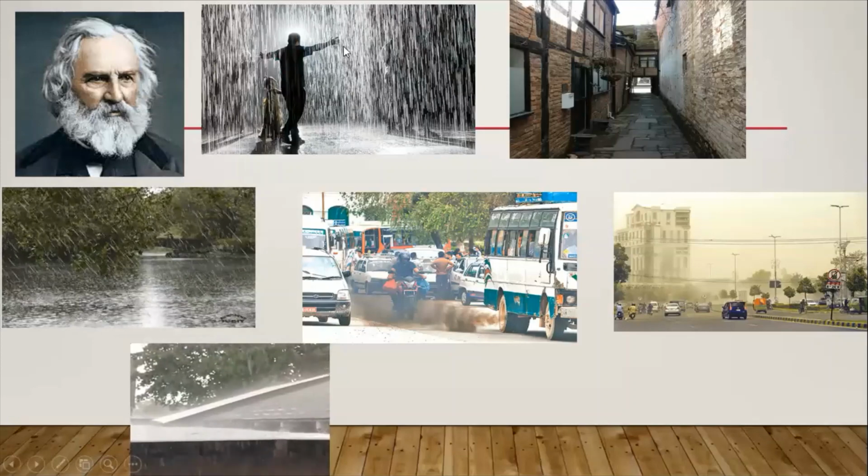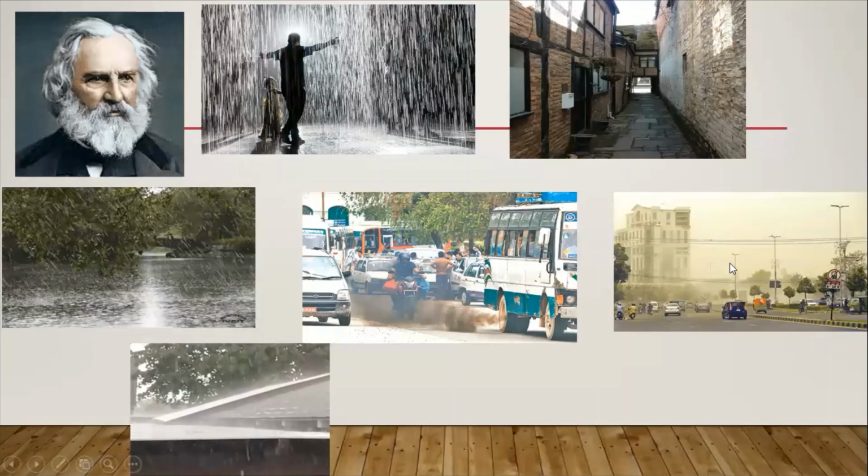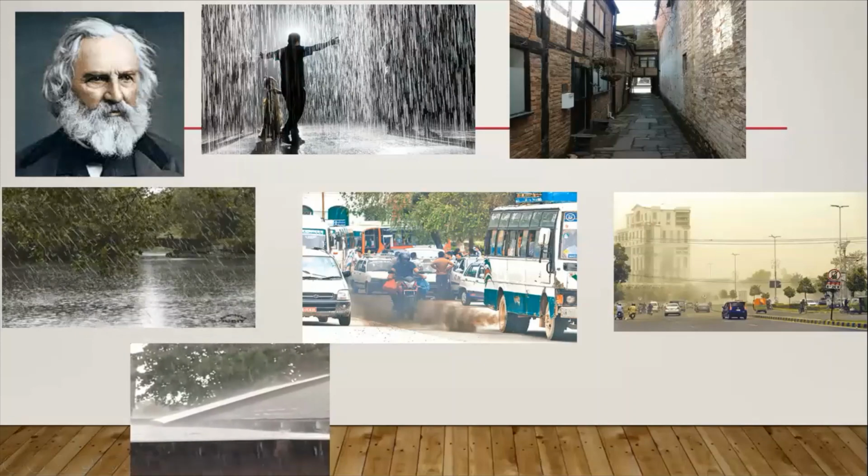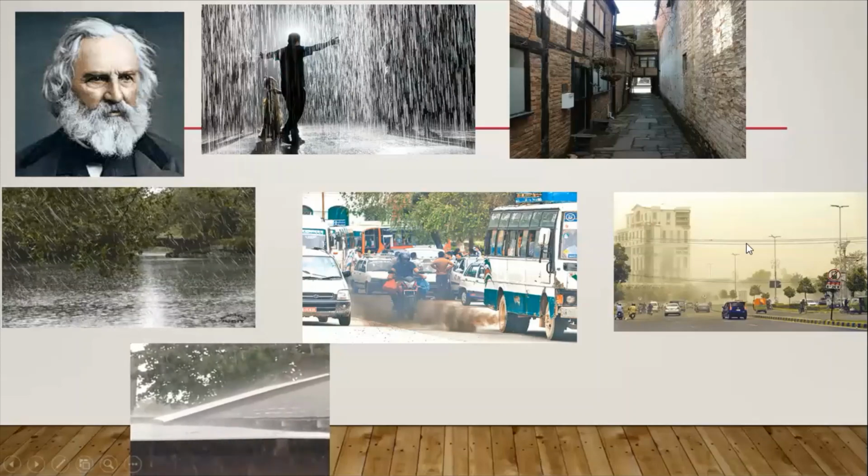Third point, okay? He begins by describing the narrow and the broad street. This is the narrow street, right? He says that the roads are filled with dust and heat of the scorching sun. So that's why I put the picture of dust and the heat of scorching sun. And then comes the rain.